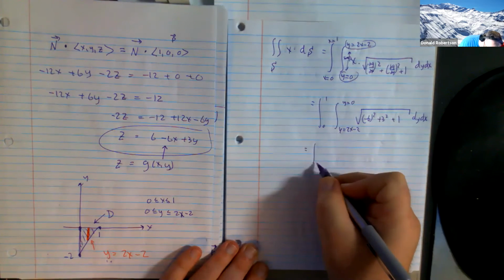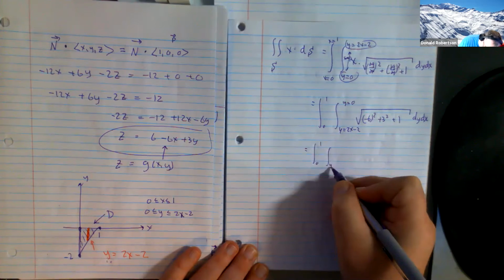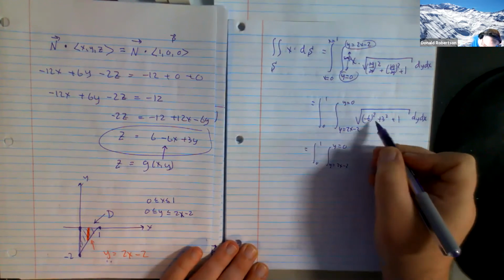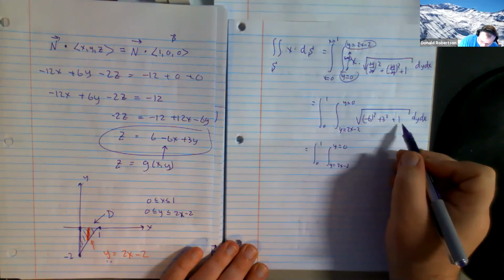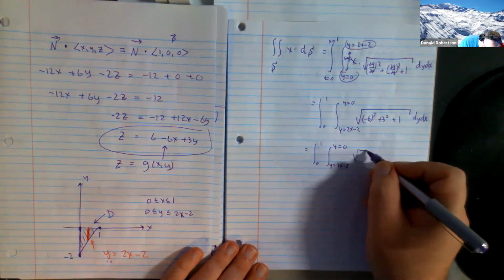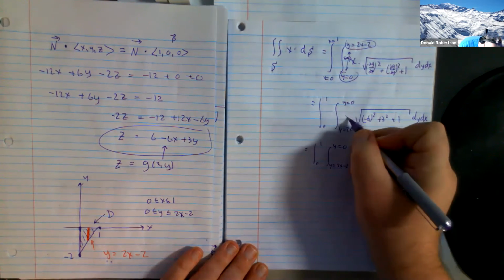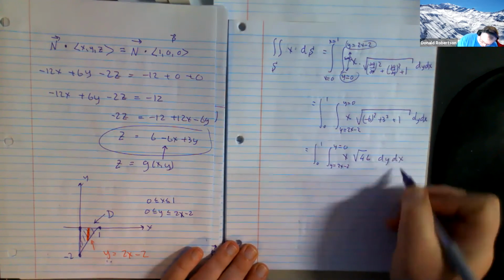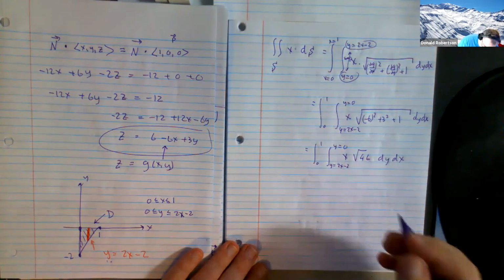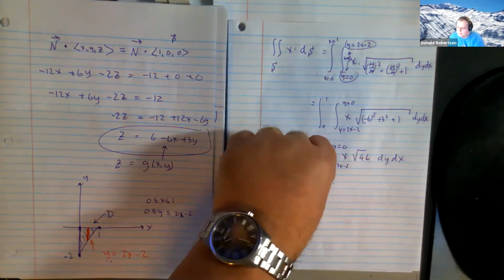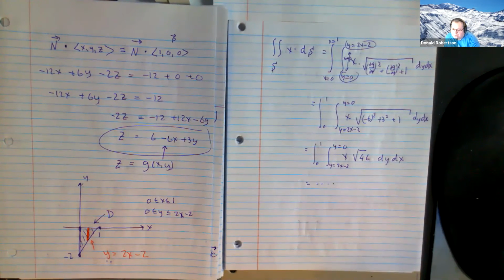So it's going to be the integral from 0 to 1, from 2x take away 2 to 0, 36, 46, and x. I guess I could have pulled out the square root of 46, but that's about all.